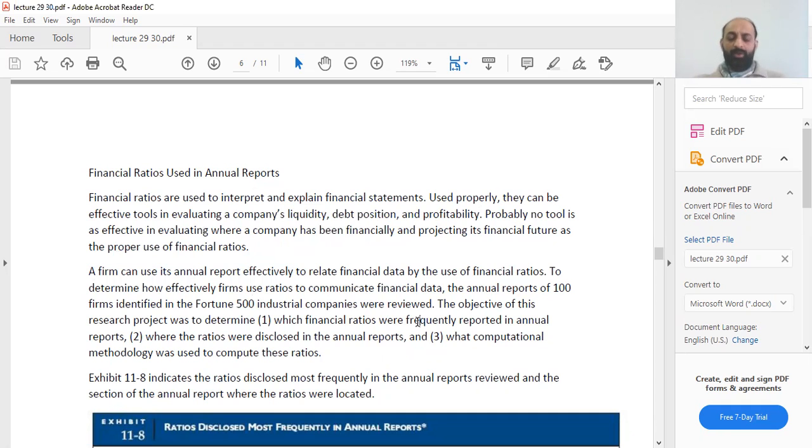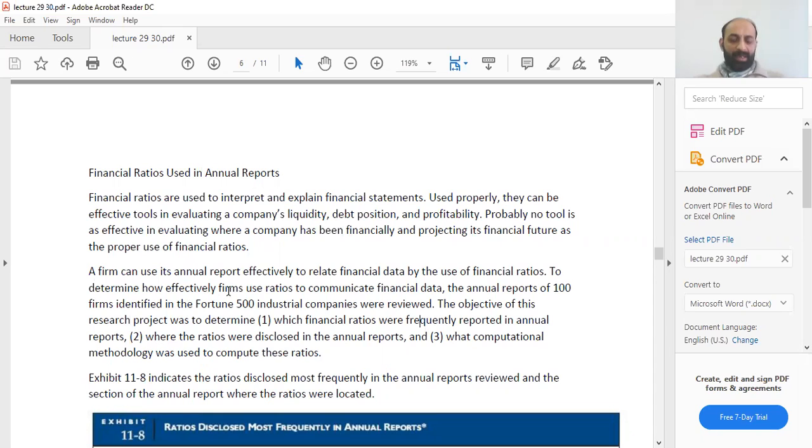So, financial ratios are a very powerful and significant tool to tell exactly where the company stands. And a user who has sufficient knowledge of accounting can easily interpret where the company stands.